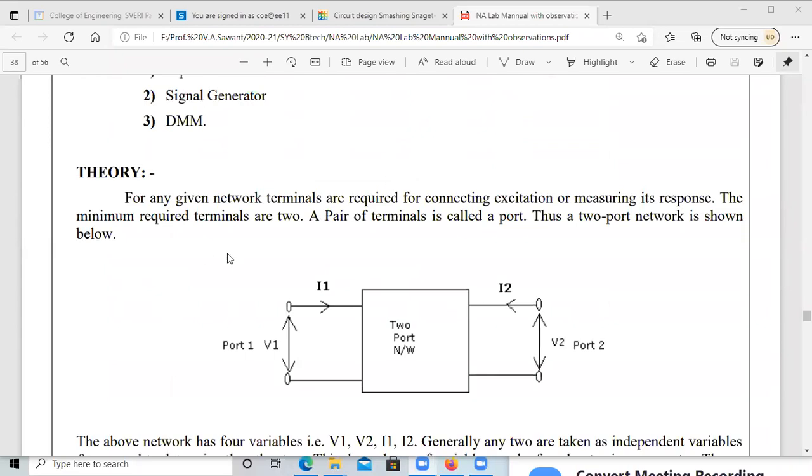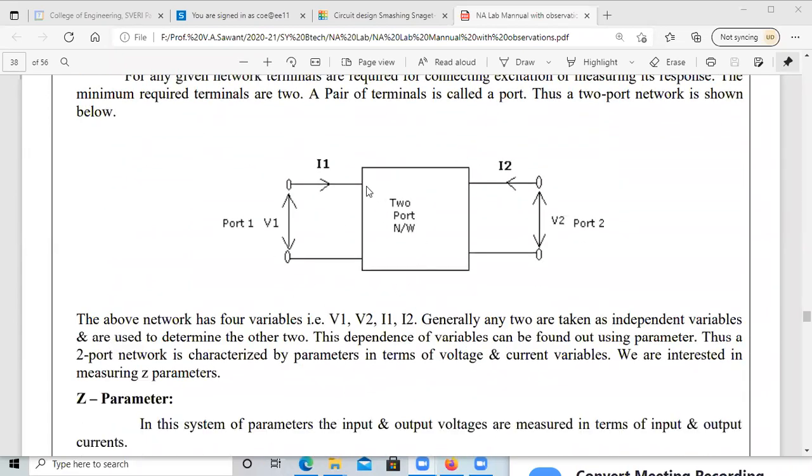Before that, do you know the two-port network? The Z parameter is called the open circuit parameter. Why is it called the open circuit parameter? Anyone tell?